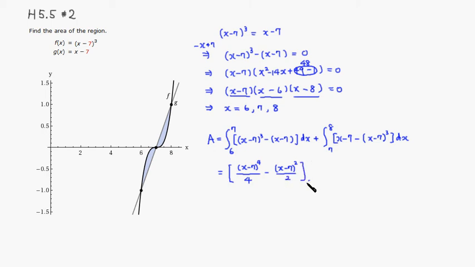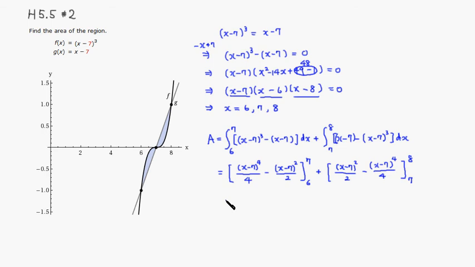Then you go from 6 to 7, plus the same thing: the antiderivative of (x - 7) is (x - 7), and I'm going to take this as one chunk, squared over 2, minus the quantity (x - 7) to the 4th power over 4, from 7 to 8.